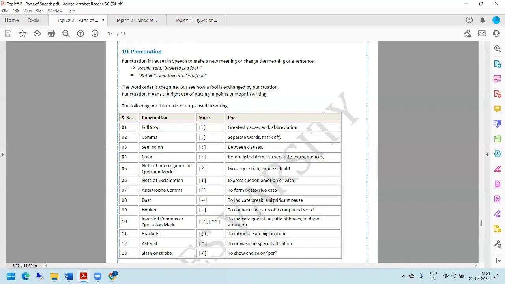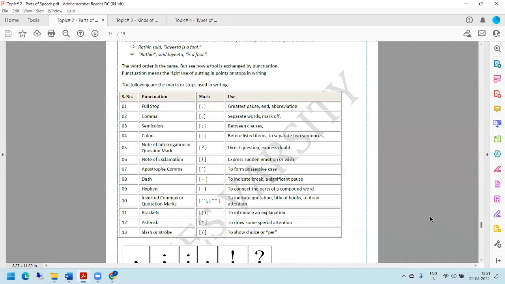The word order of these two sentences is the same, but see how who is the fool is changed by punctuation. Punctuation means the right use of putting in points or stops in writing. So the following are the marks or stops used in writing.